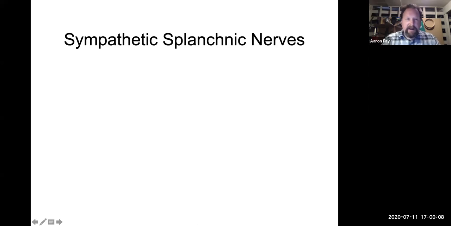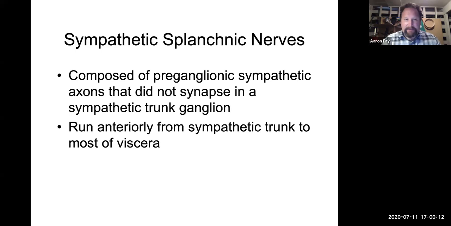Okay, so let's talk about the sympathetic splanchnic nerves. What exactly is that? These are composed of preganglionic sympathetic axons, the myelinated ones, that did not synapse in the sympathetic trunk. They pass through the spinal nerve and come in through the white ramus, but they don't have a synapse in the sympathetic trunk ganglion.